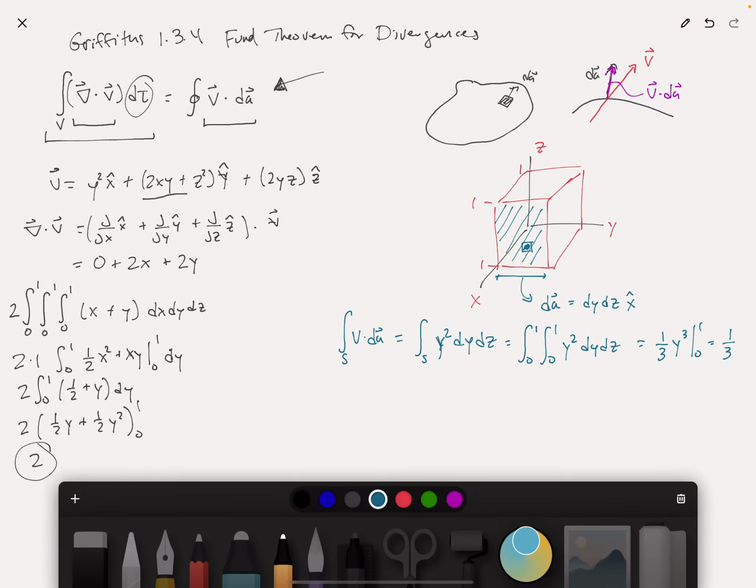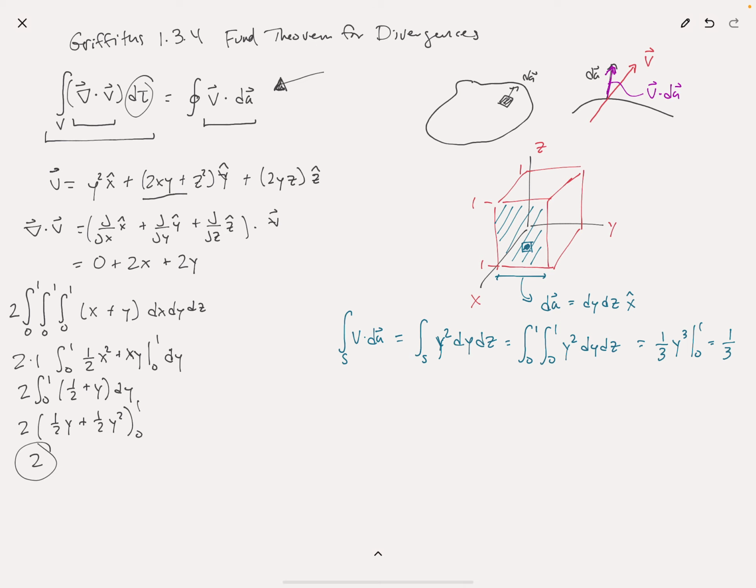Okay, let's do another side. Your book picks this back side to be side 2, so I'll do that. That back patch right there. I take v dot dA. Now dA here is still in the yz plane, so dy dz, except now the vector that points outwards is in the minus x hat direction.